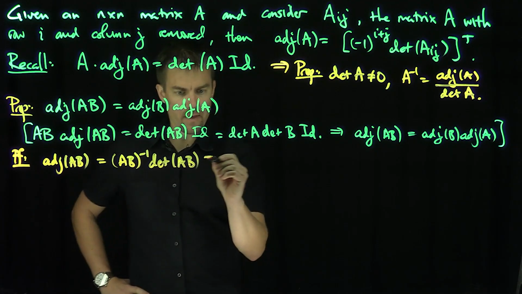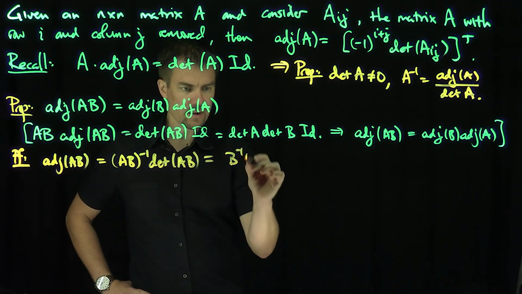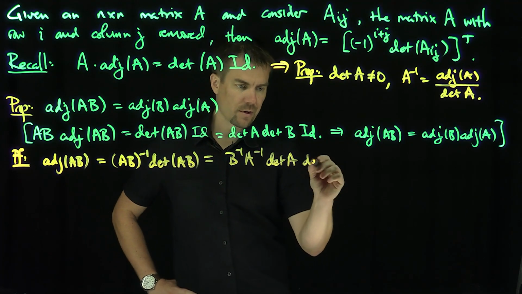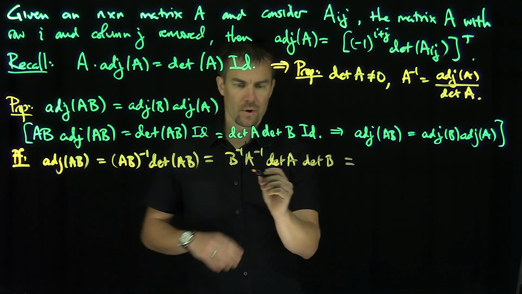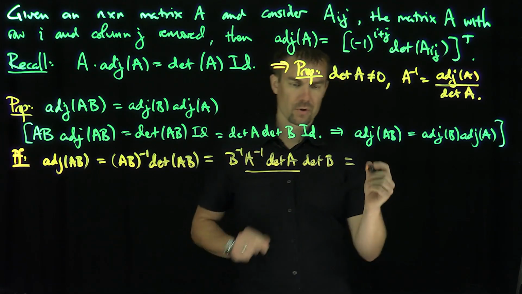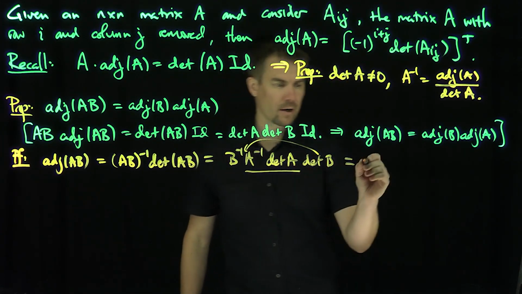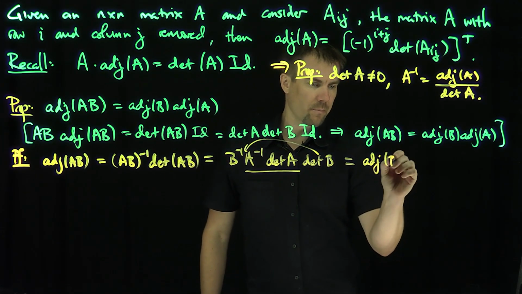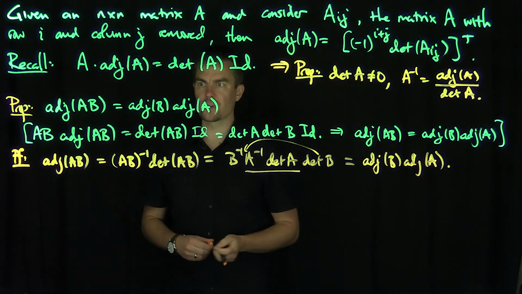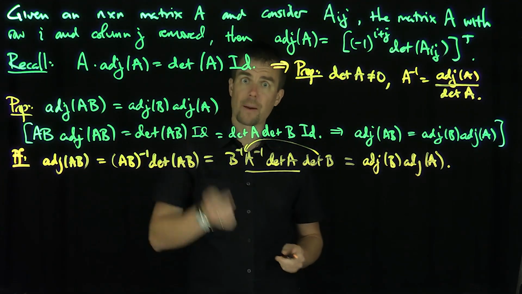And then this, of course, is just going to be B inverse A inverse times the determinant of A times the determinant of B, by properties of determinants. And this thing over here gives me the adjugate of A, and that gives me the adjugate of B, but B comes first over here, so I can move this determinant of B over. So that's the adjugate of B times the adjugate of A, and we get this result. That's great. So in other words, the adjugate has this reversing property.